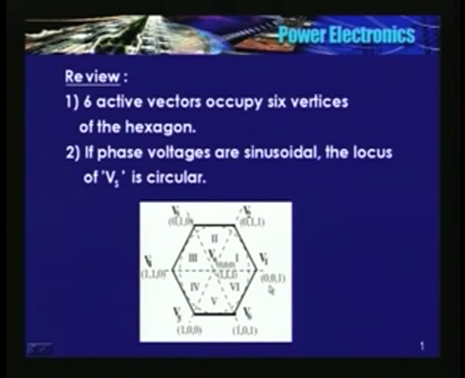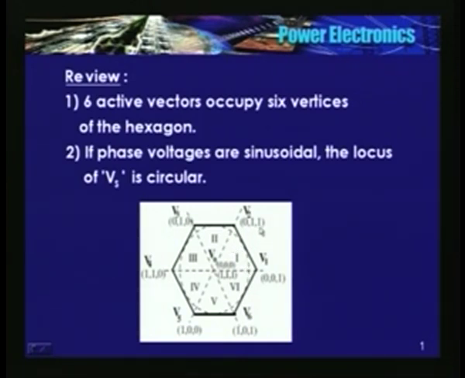Now turning on the upper switch of phase B, the space vector moves by an angle 60. See 0 1 1, the magnitude remains the same, equal to the magnitude of the DC link voltage, Vdc, but it moves by 60 degrees.